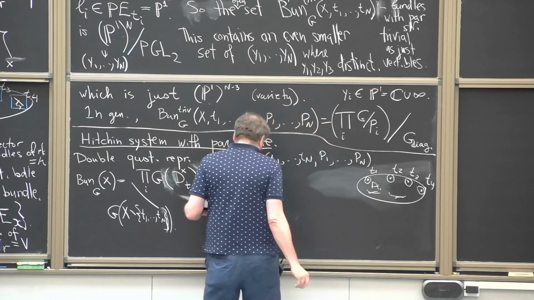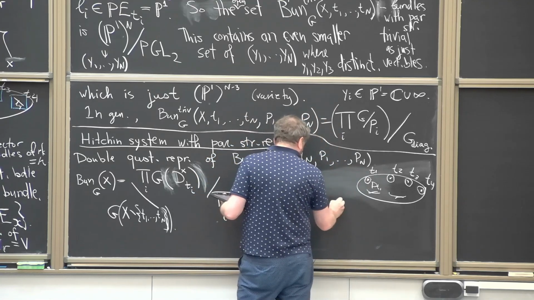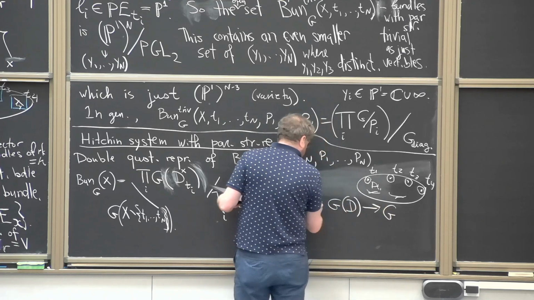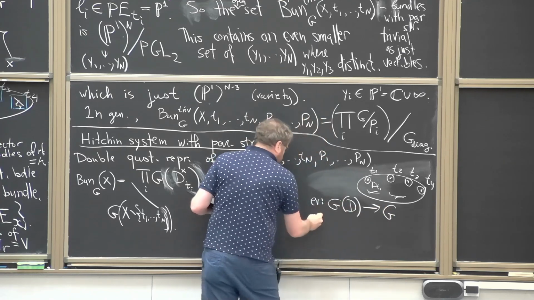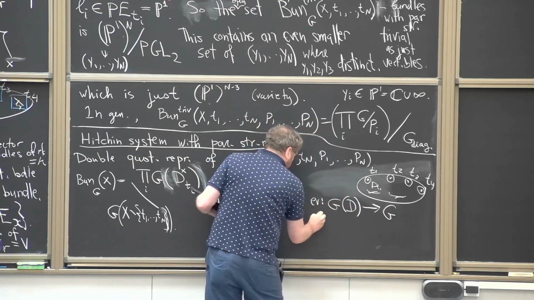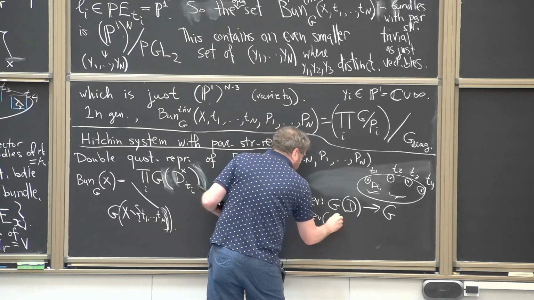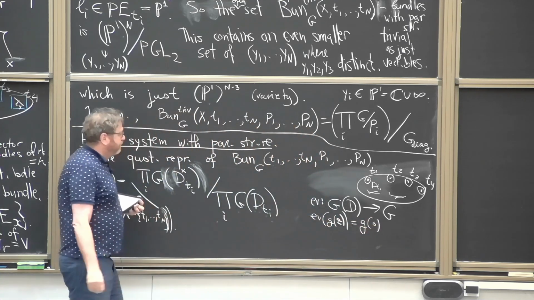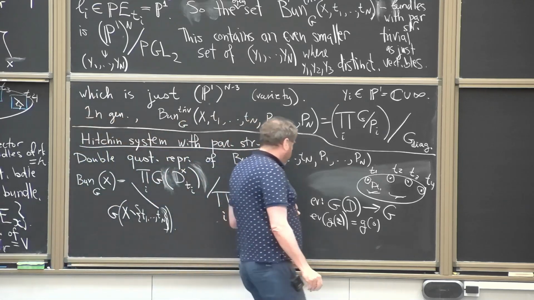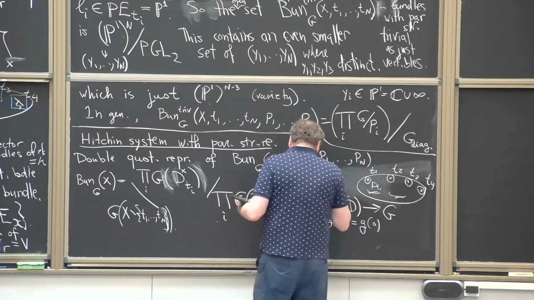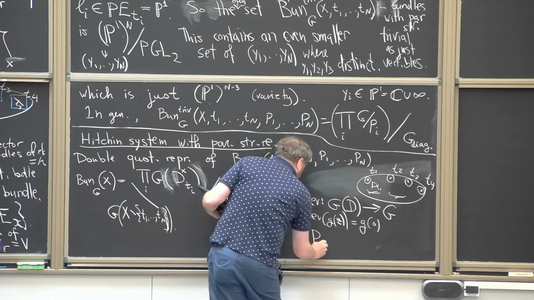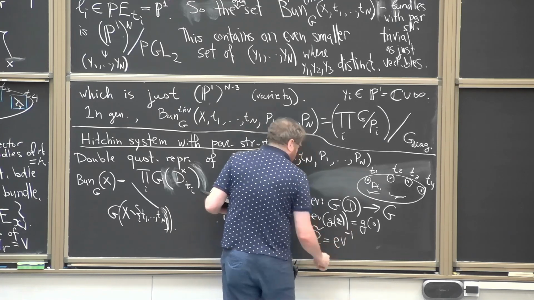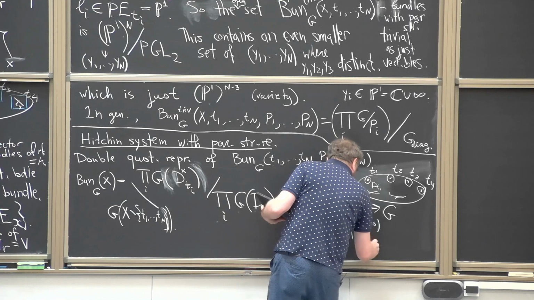So we have a homomorphism from G of D to G, which is the evaluation map. It evaluates a function on the disk at the center, so evaluation of g(z) is just g(0). And then we can define the groups Pi tilde, which is the preimage under this map of the parabolic group Pi.